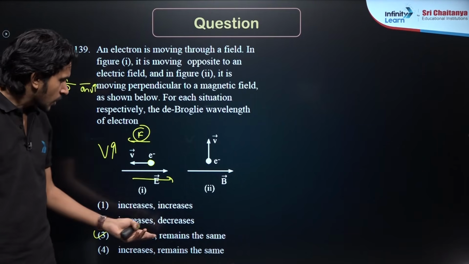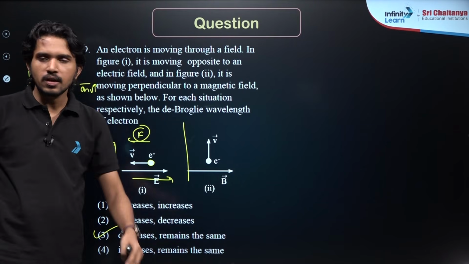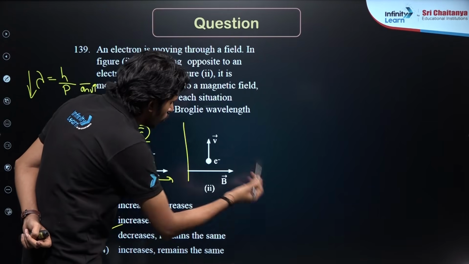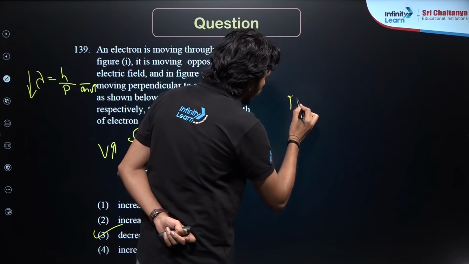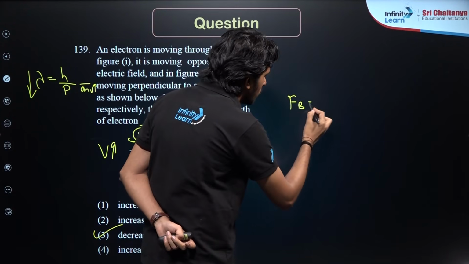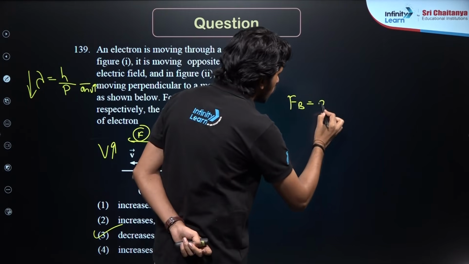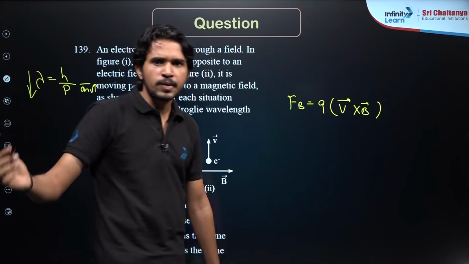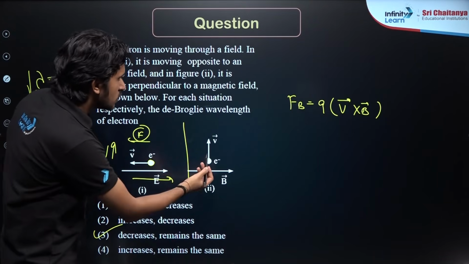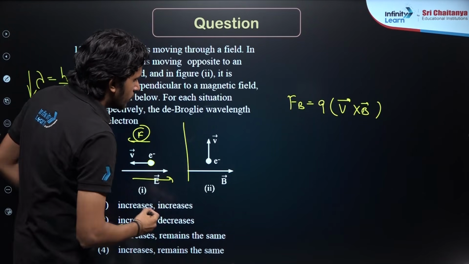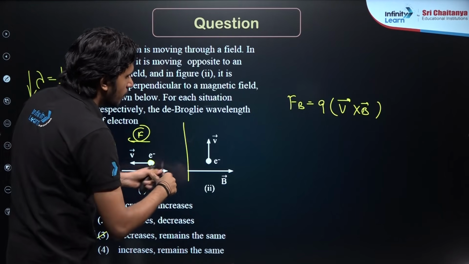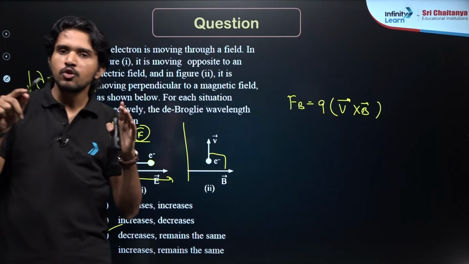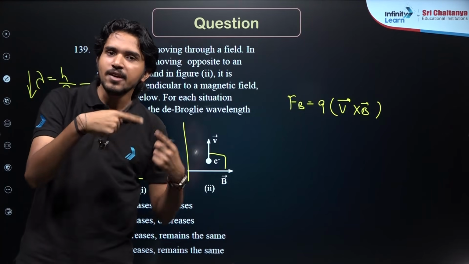But why? For the second arrangement, that remains constant. Why, sir? Because the force in a magnetic field on a moving charge is Q V cross B. Velocity and magnetic field are perpendicular, so that force will be perpendicular to both the velocity vector and the magnetic field.